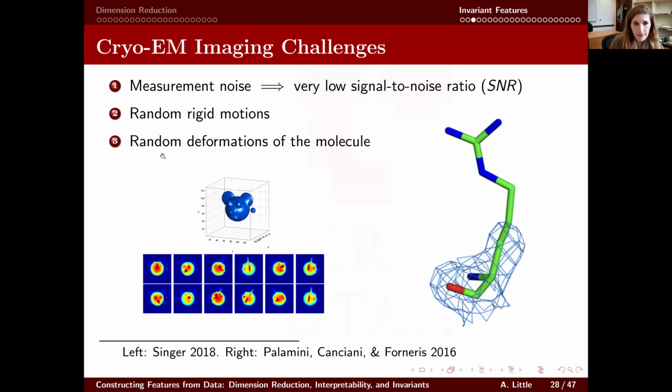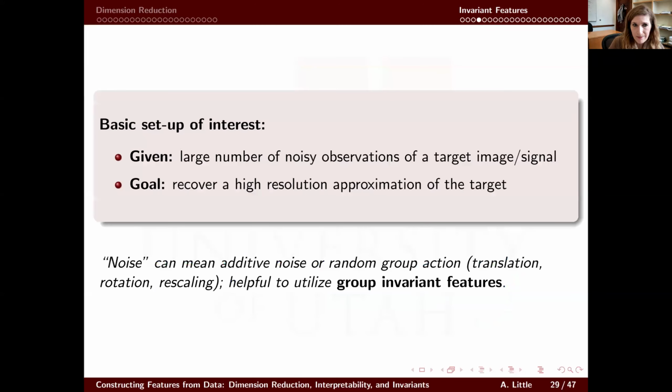And then you also have random deformations of the molecule, or non-rigid motions as well. For example, you can think about this molecular structure here on the right. This tail often kind of flips around, so it doesn't always stay in a static configuration. So all of these make this a very challenging application.